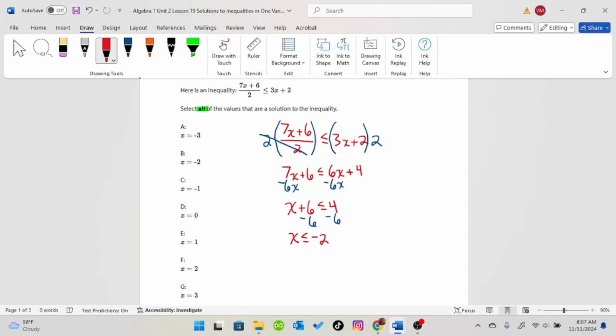So this is our range. Every number smaller than negative 2 is a solution. So that would give us A, because negative 3 is less than negative 2. And because we have the or equal to symbol here, x is also equal to negative 2, which is answer B. The rest of the answers will make this inequality false.